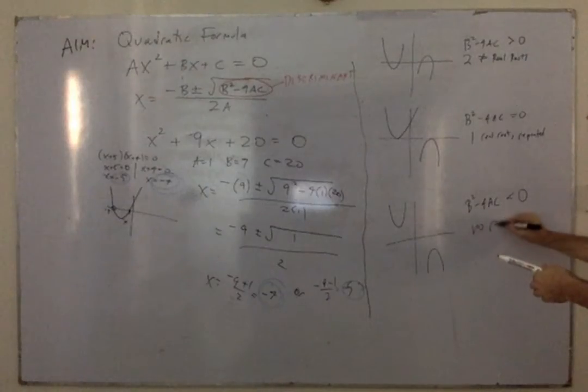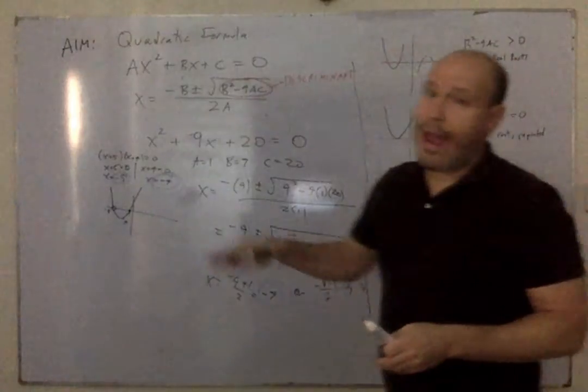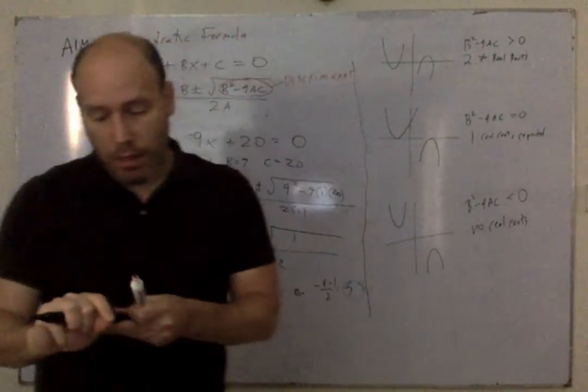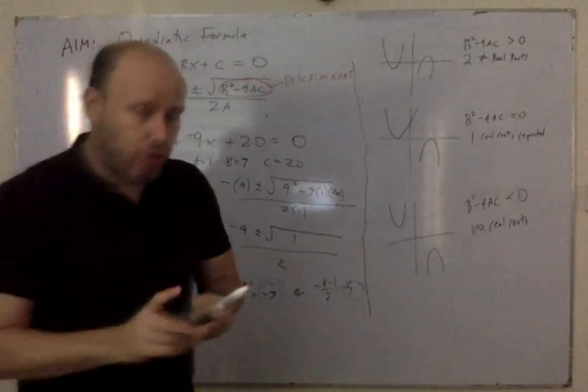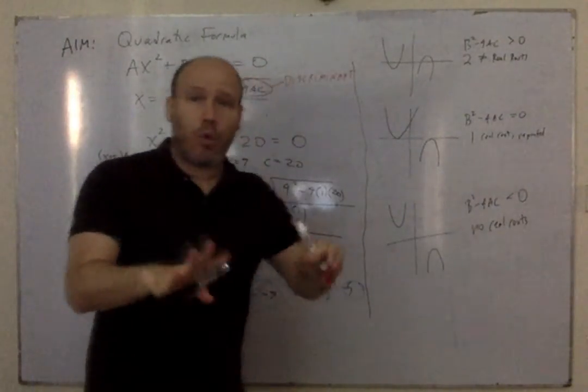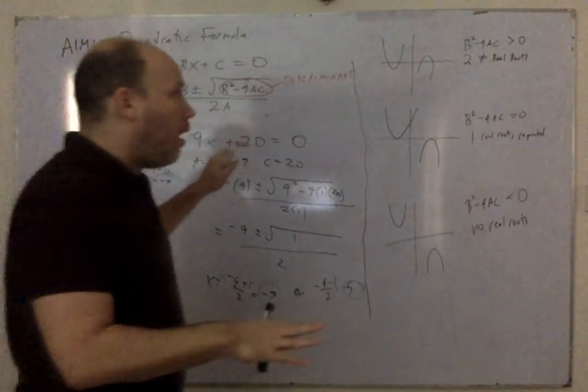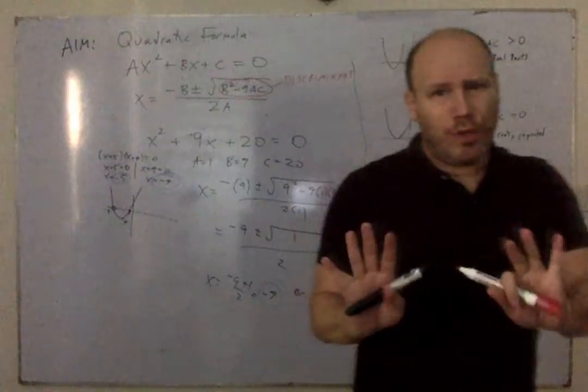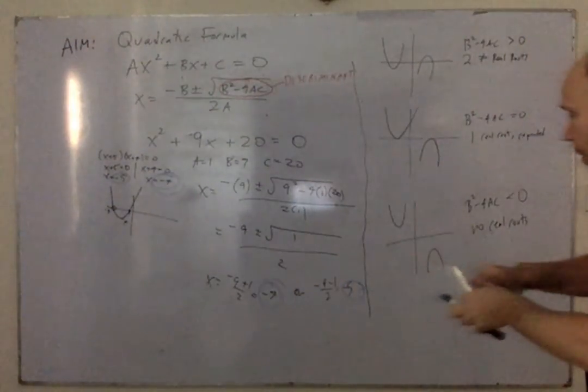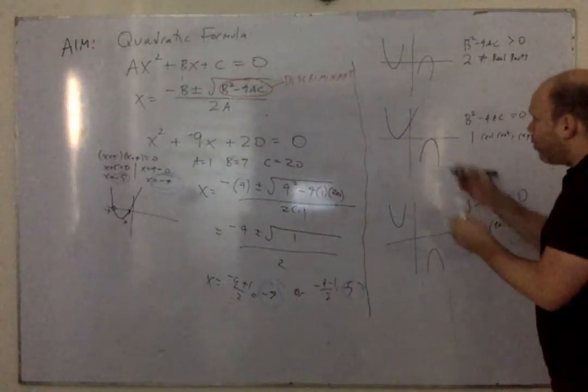There's no real roots. As I said before, this is way outside the scope of this class, and you'll see it in the analysis video if you want to watch it. Once again, if you're taking applications, you don't need to worry about this.